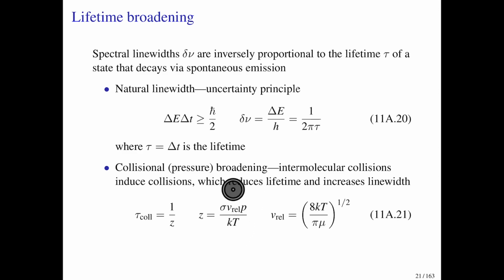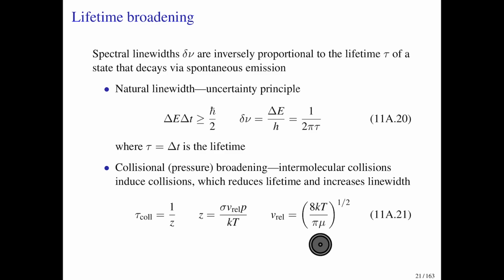The relative speed, we learned about all sorts of formulas for calculating different speeds associated with the kinetic molecular theory. The relative speed depends on temperature and the reduced mass of the collision pair.